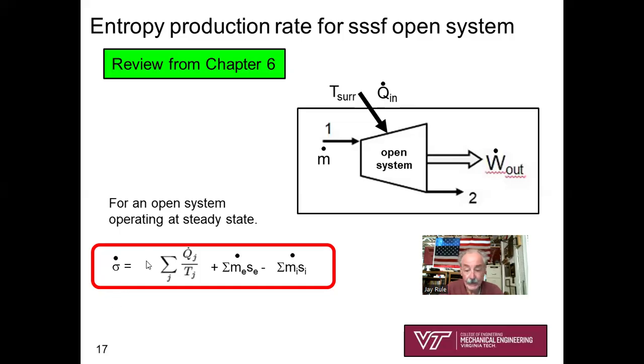Without deriving it, we go back to chapter 6 to see that sigma dot, the rate of entropy production, that's why I've got the dot over top of it, is minus the sum of the heat transfer in divided by the temperature at which it's transferred, plus the sum of the m dot leaving, s leaving, minus the sum of the m dot in, s in. That's our fundamental governing equation for calculating the entropy production rate for our 4 basic components. Then we're going to numerically evaluate it and compare.